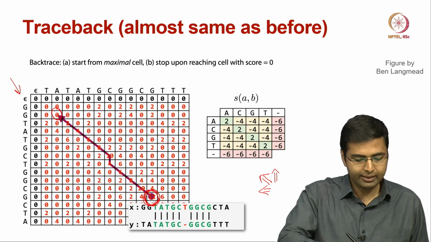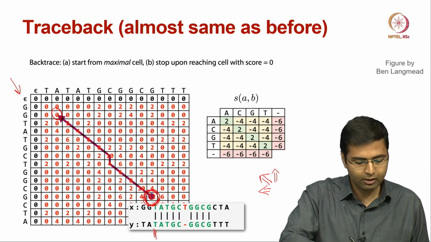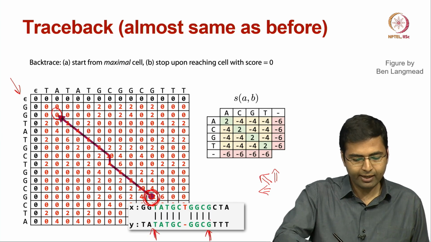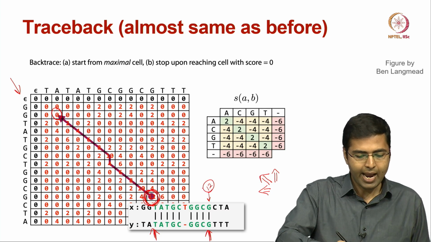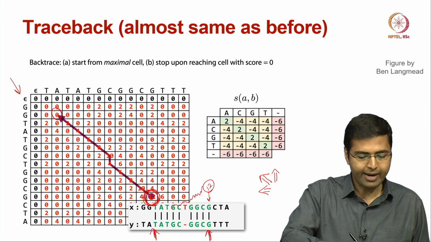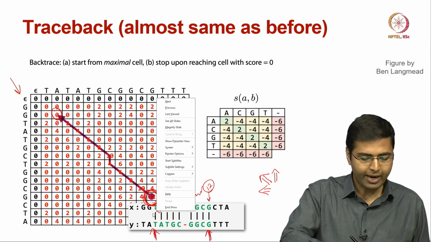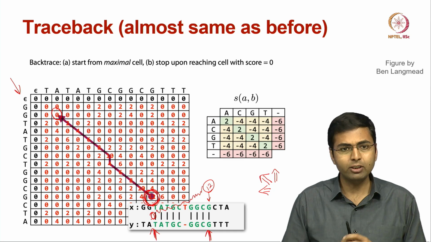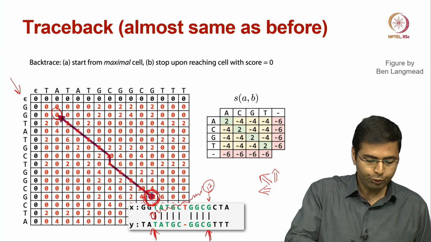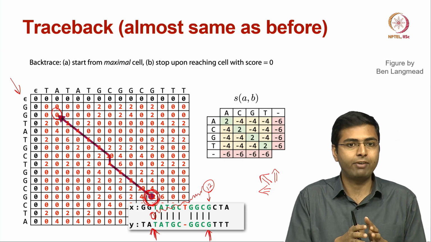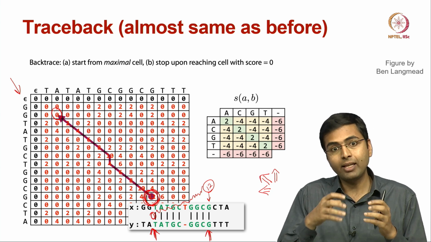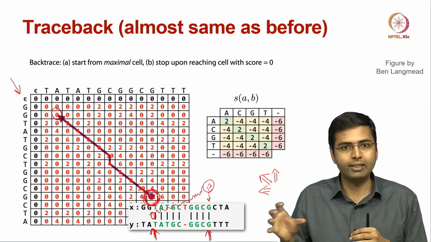So in this case you can see that the local alignment starts from here and it ends here. This is where the dynamic programming score is 12, and as I move back in my trace back, this is where I will stop, and at this point the score will be 0, because while computing this value I chose an empty suffix, and then I started growing the suffixes from that point.